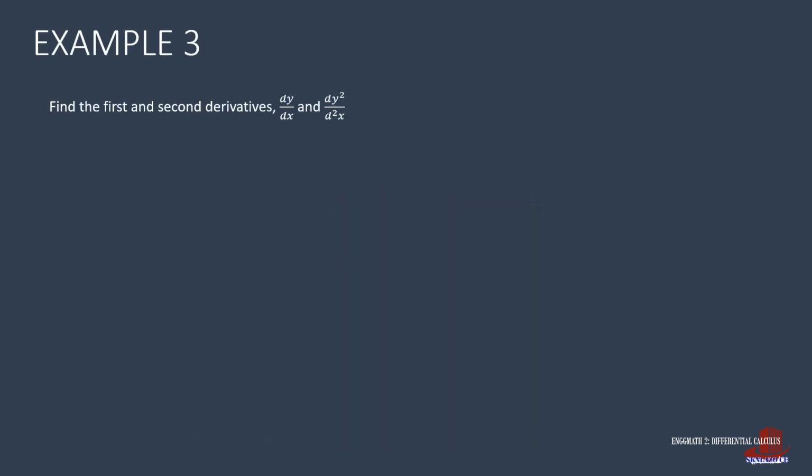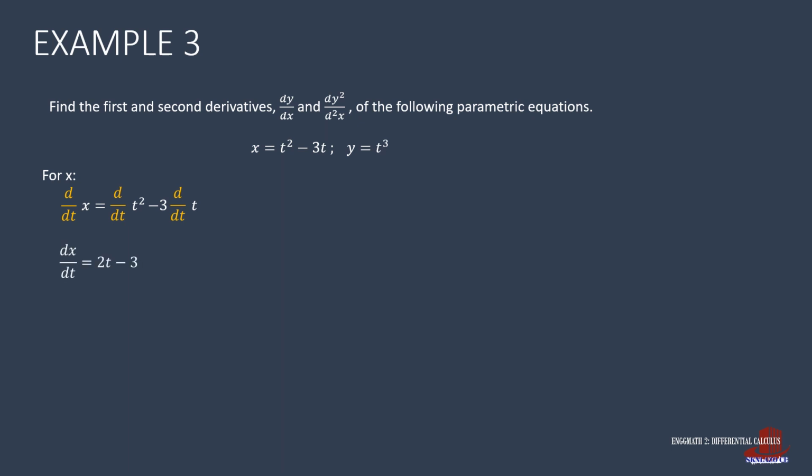Example 3 is with the pair x is equal to t squared minus 3t and y is equal to t cubed. We work with dx all over dt as the derivative of t squared minus 3 times the derivative of t, simplified as 2t minus 3.